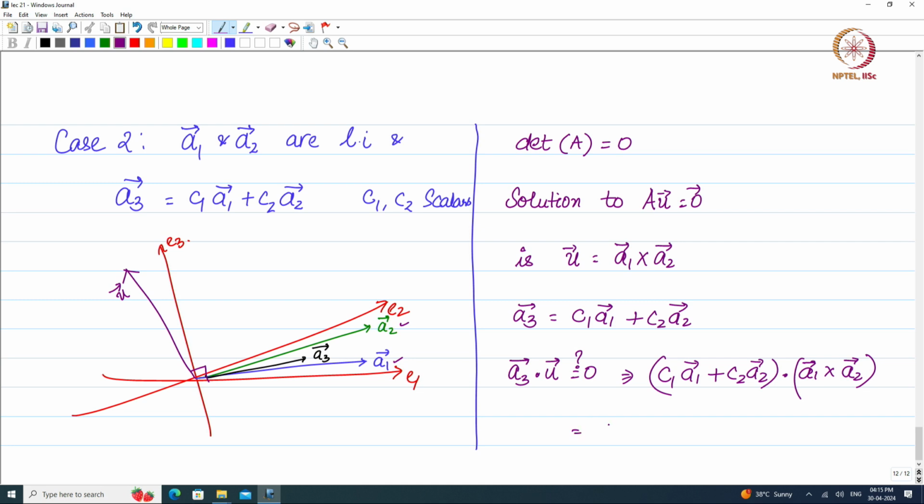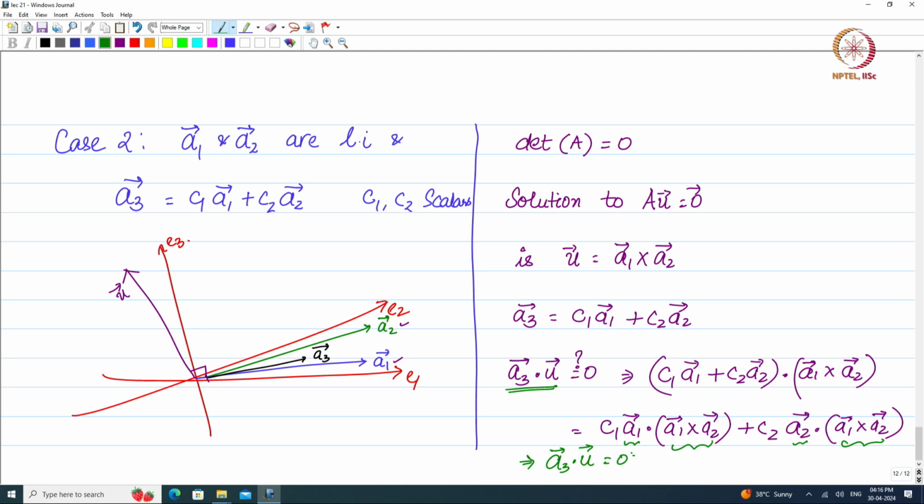So we expand this as c1 a1 dot a1 cross a2 plus c2 a2 dot a1 cross a2, and we very clearly know that since this is orthogonal to a1 and this is orthogonal to a2, a3 dot u is also equal to 0.